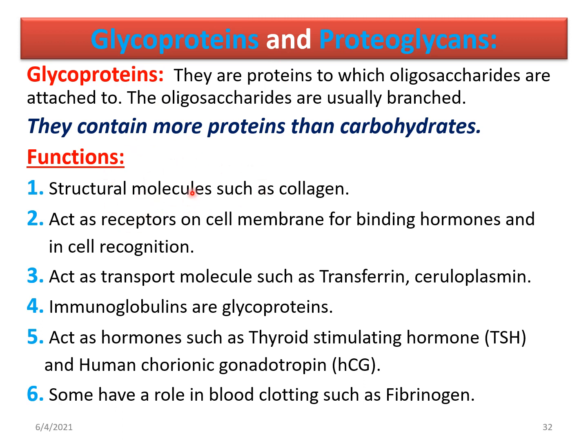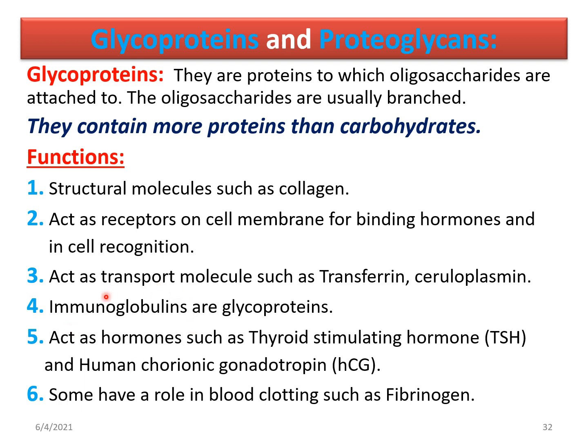They represent structural molecules, for example, collagen. They act as receptors on the cell membrane for binding hormones and also aid in cellular recognition. Also, glycoproteins act as transporting molecules such as transferrin and ceruloplasmin, and they may function as immunoglobulins for immune function.